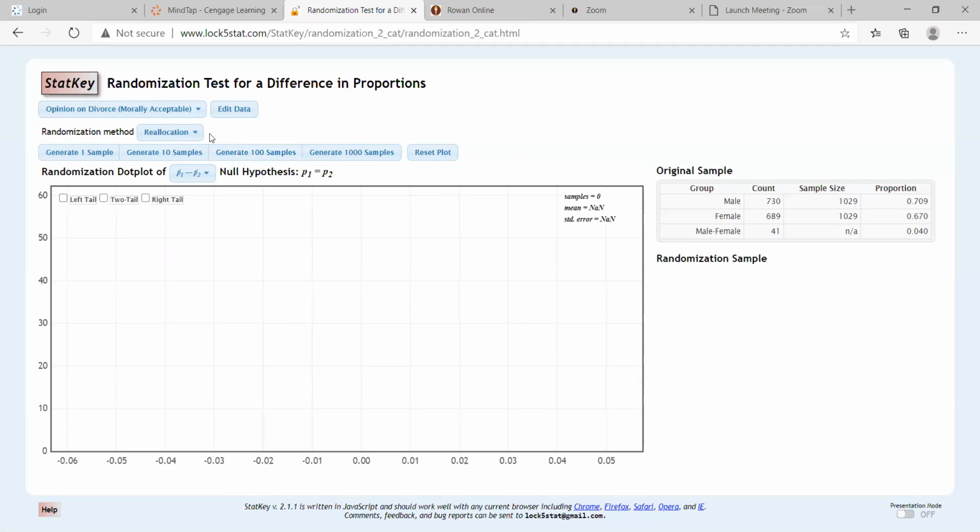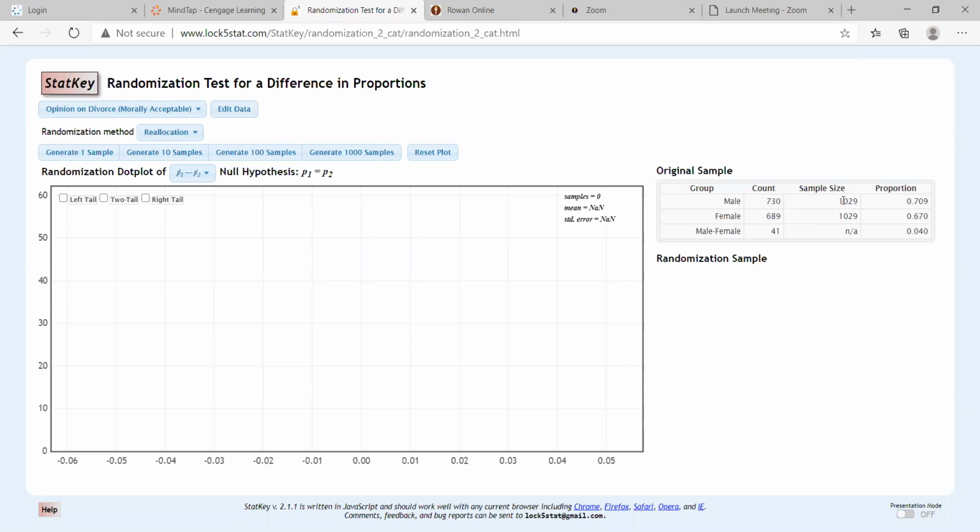All right, maybe they were married, and I guess yes would be they think divorce is morally acceptable. No would be they don't think it's morally acceptable. So 1,029 men were asked this question, and 730 said it's morally acceptable. 1,029 females in the sample were also asked the question. 689 of them said it's morally acceptable.